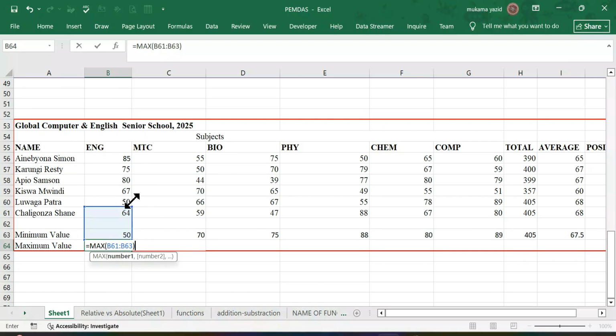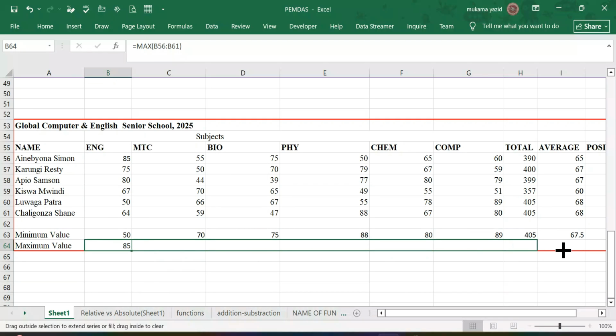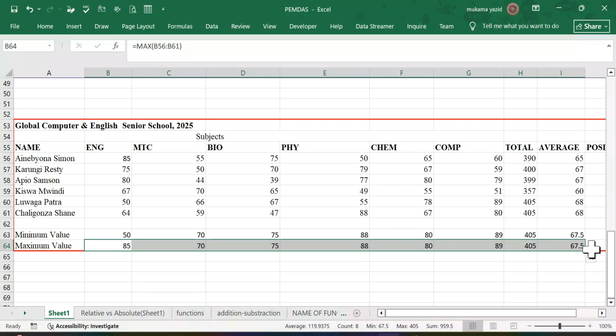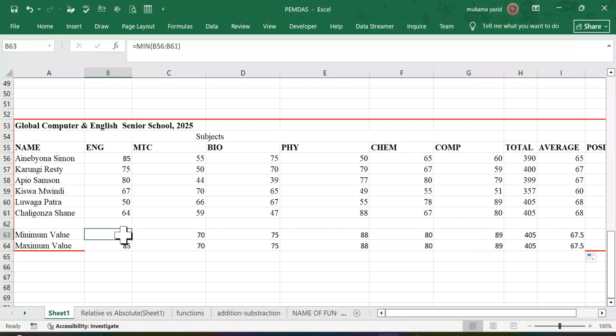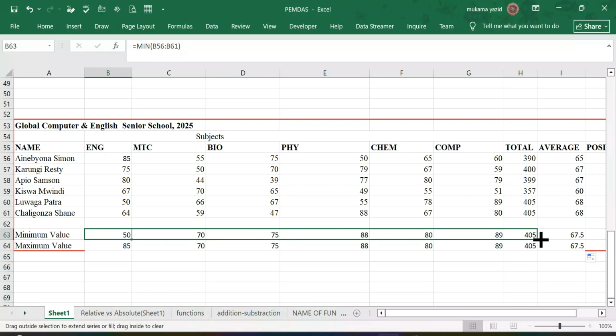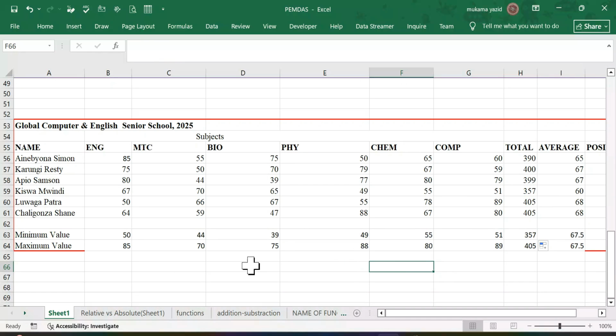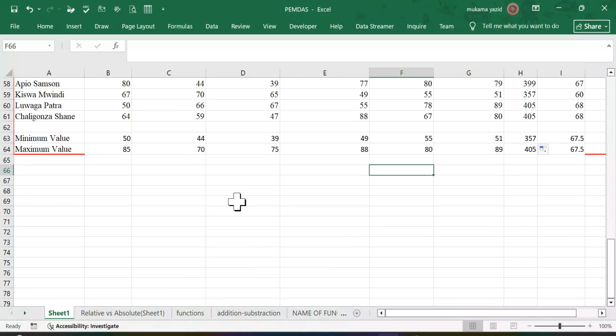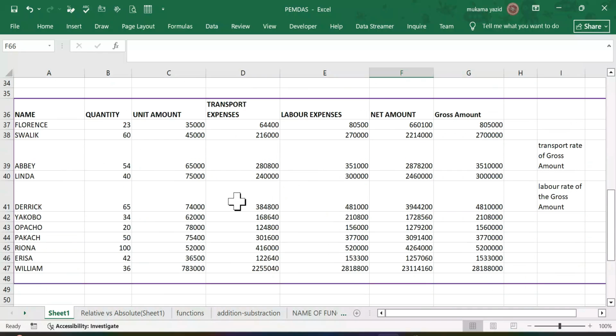I select this and deselect this, then press enter. Then I do autofill to get the answer correctly. I think this part is done.